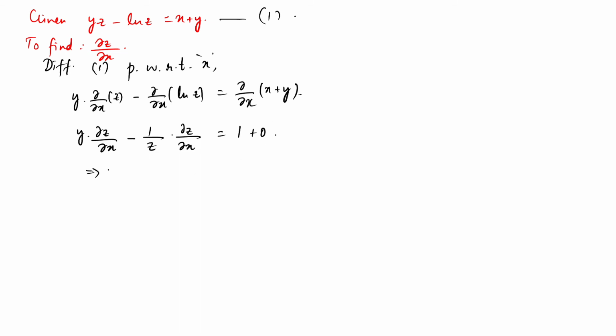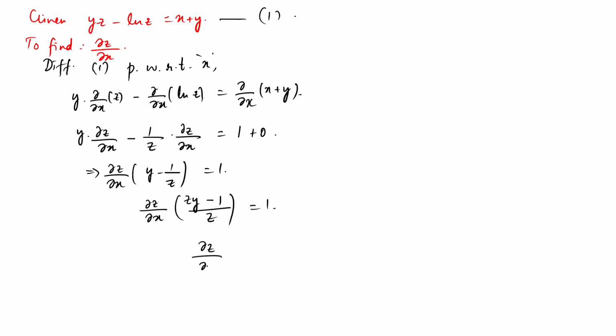So you can take del z upon del x as a common quantity: y minus 1 upon z equals 1. We write it as del z upon del x times zy minus 1 upon z equals 1. Therefore, your del z upon del x is z upon zy minus 1.